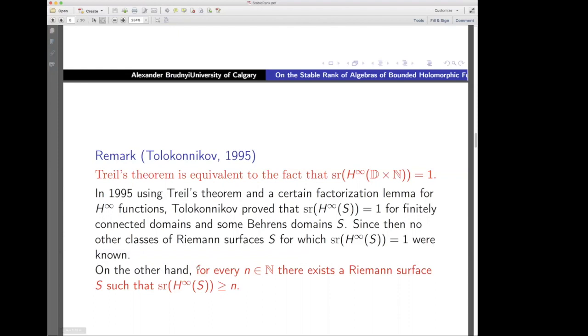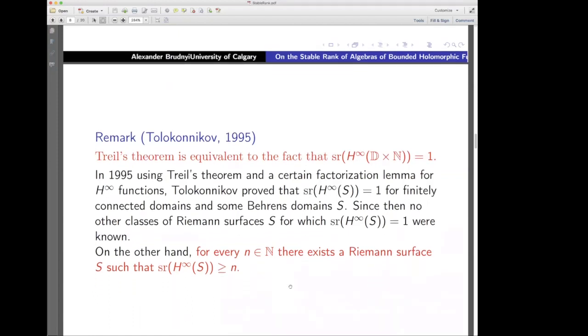On the other hand, for every natural number n, one can construct a Riemann surface S such that the stable rank of H infinity(S) will be greater or equal to n. Of course, in this case, for this Riemann surface, the Corona theorem is not valid anymore for H infinity.